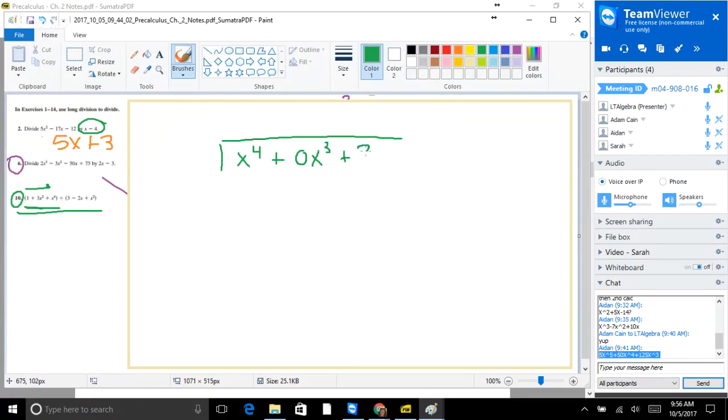So plus 0x cubed, plus 3x squared. And then again, I don't have an x term, so I'm going to put in 0x plus 1. So now we have a really, really long polynomial, right? And then we're dividing by x squared minus 2x plus 3.